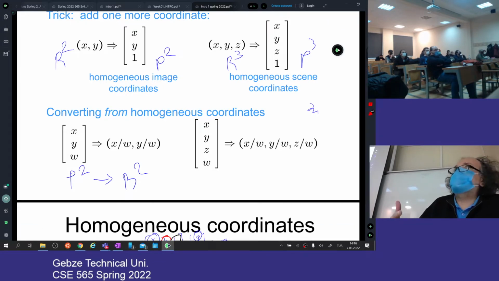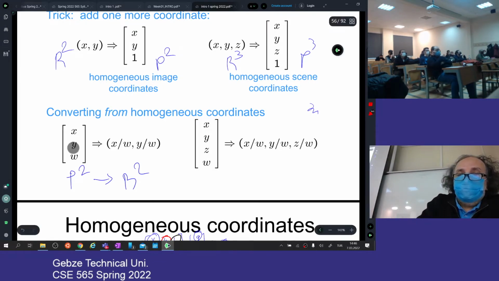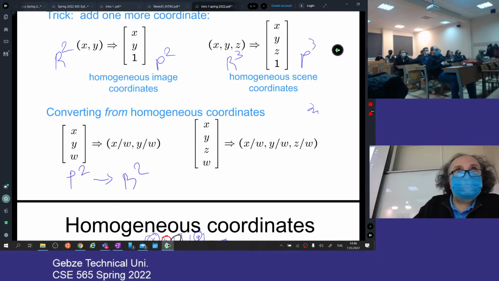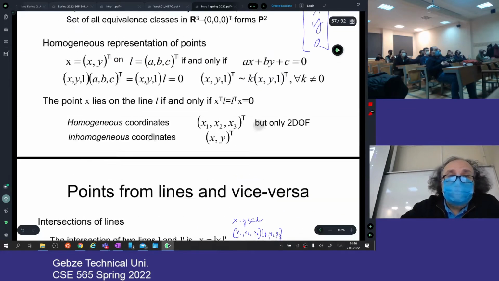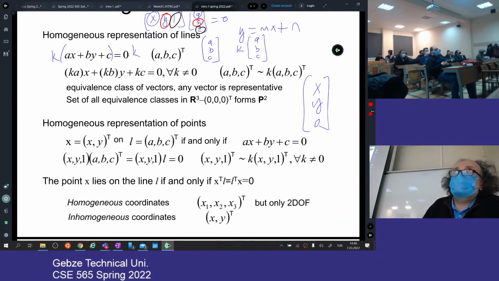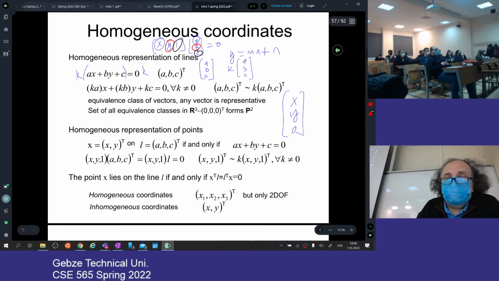That's why it is sometimes not possible to come back from the homogeneous coordinates to the non-homogeneous coordinates, because w might become 0. We should represent lines at infinity. Okay? So in homogeneous coordinates, lines or points at infinity are no different from any other points. That's why we like them.